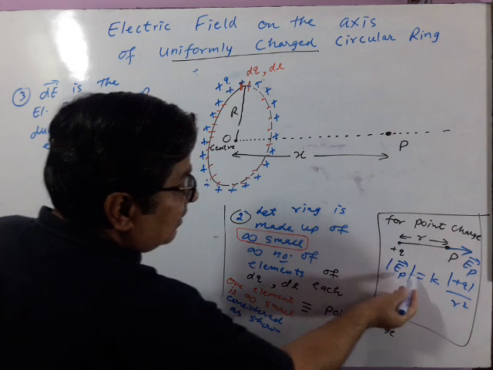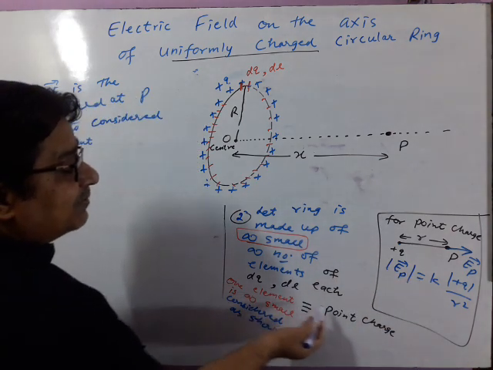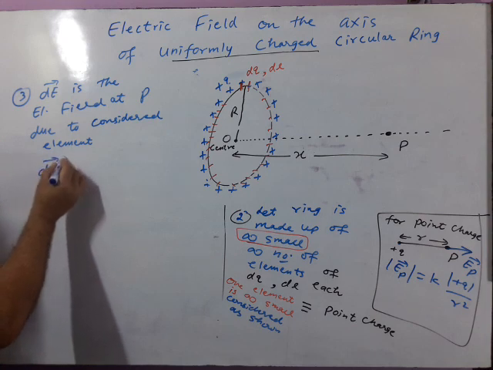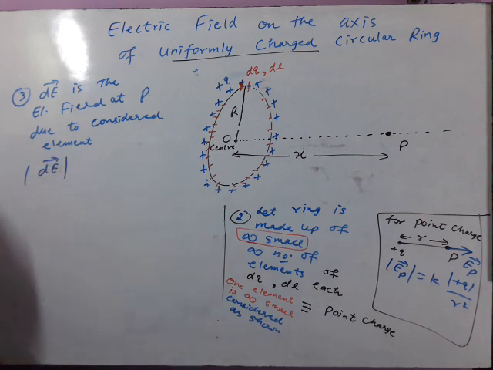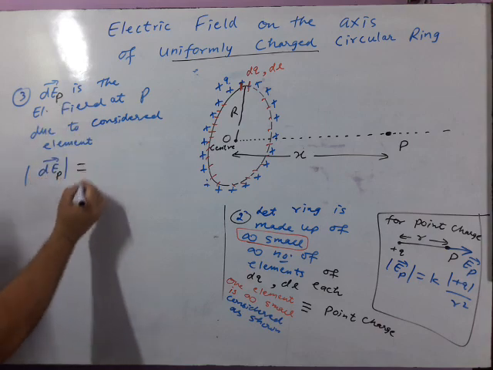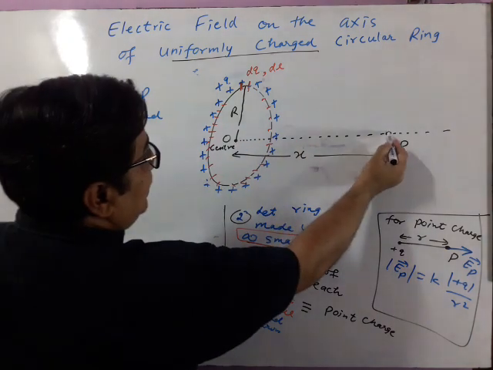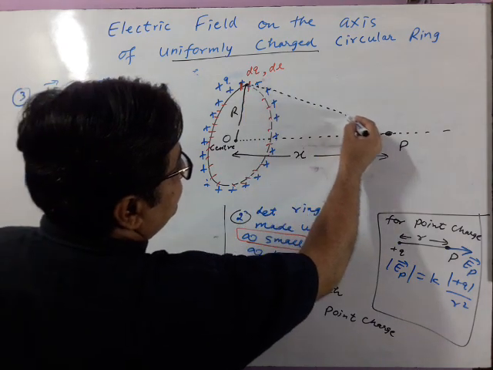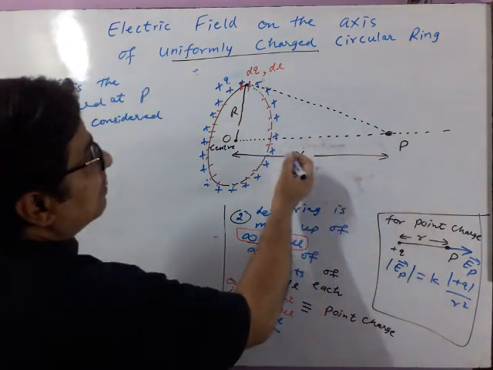Apply this formula, because an infinitely small element behaves as a point charge. So the magnitude of electric field at P, you can write the symbol P if you want to write. We are finding the electric field at P because of this element. So how do you find it?